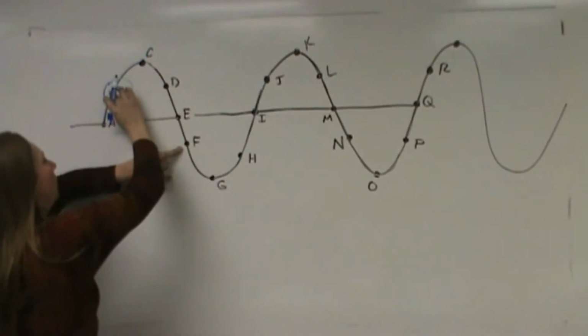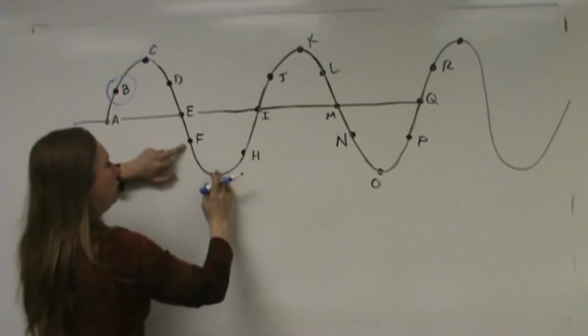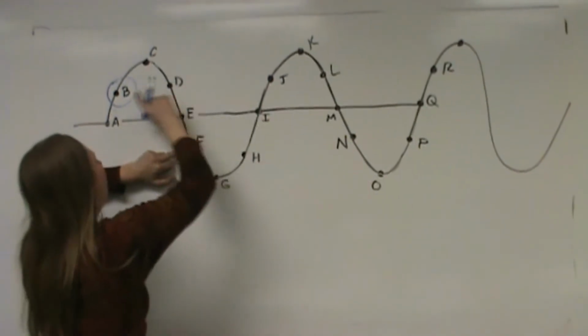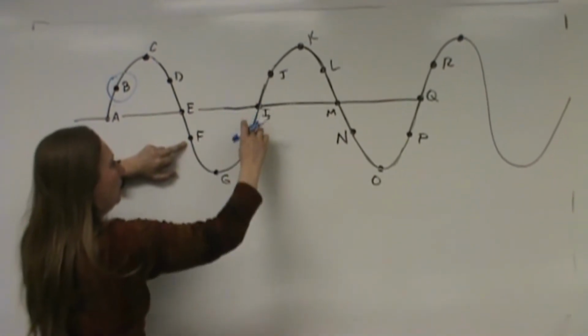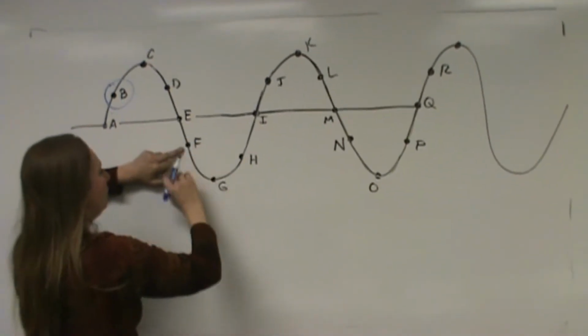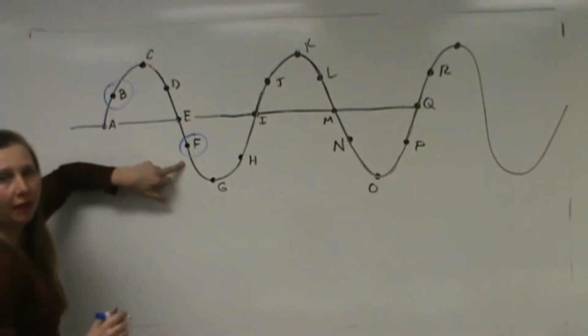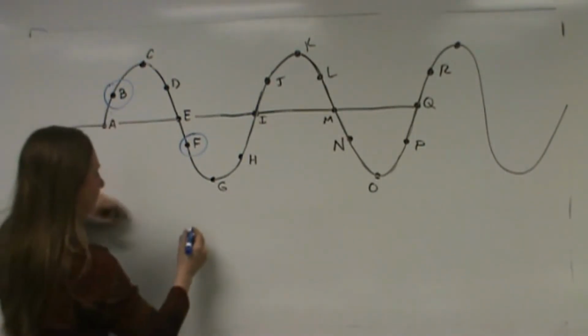So I'm just going to count. We've got from B 1, 2, 3, 4. From J 1, 2, 3, 4. All right, so exactly between B and J, a hump, and then down. From here, a hump, and then up. That is half a wavelength, or 180 degrees, out of phase from B.